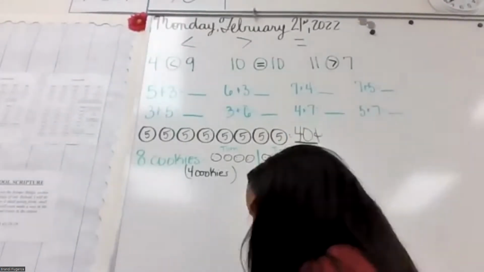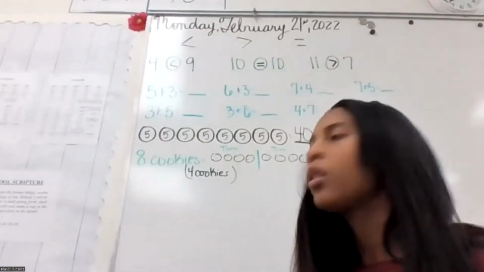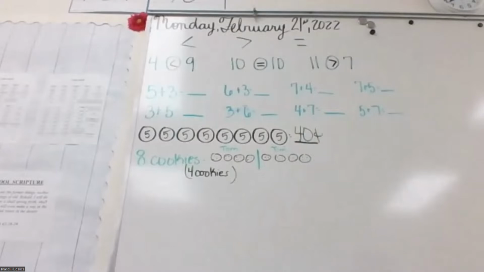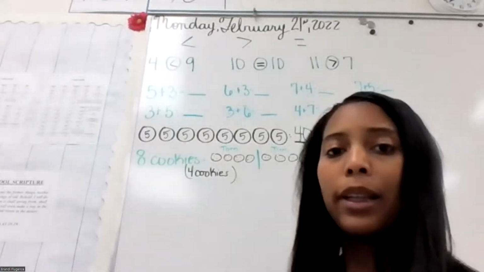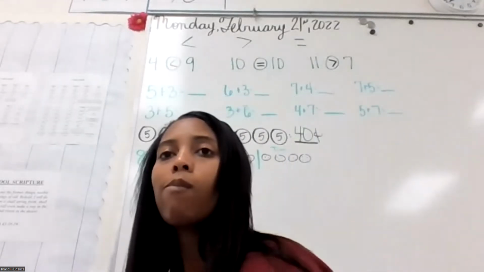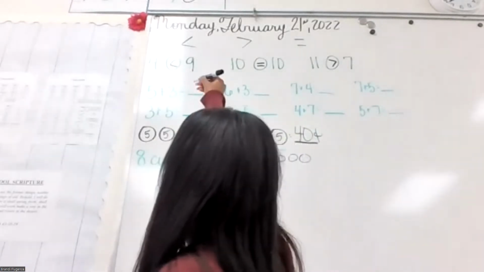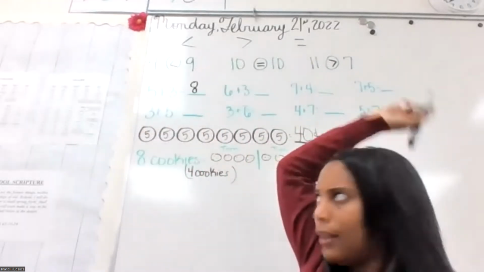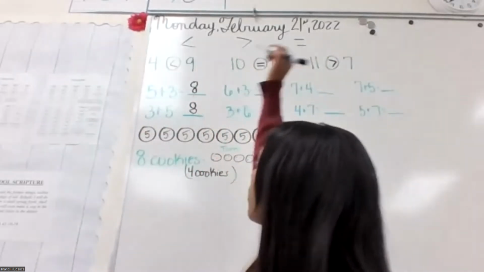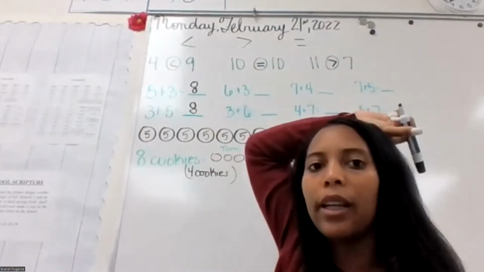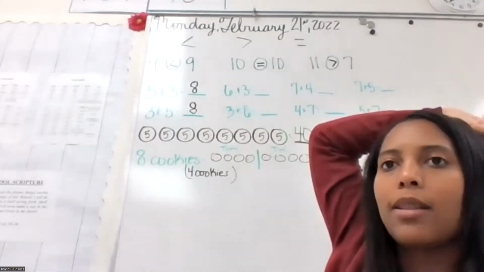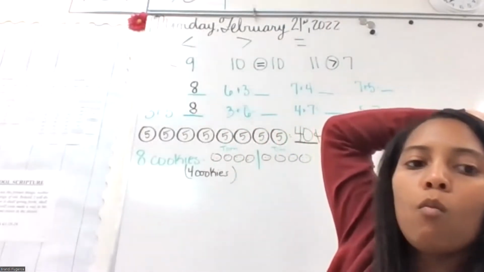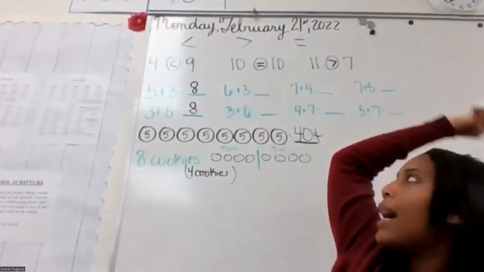Okay. So we have 5 plus 3. That's where we'll start. Anybody know what 5 plus 3 equals? 5 plus 3 is 8. So when I do 3 plus 5, what will that equal? 8. Can't be anything else. Next we have 6 plus 3. Anybody know what 6 plus 3 equals? 9.